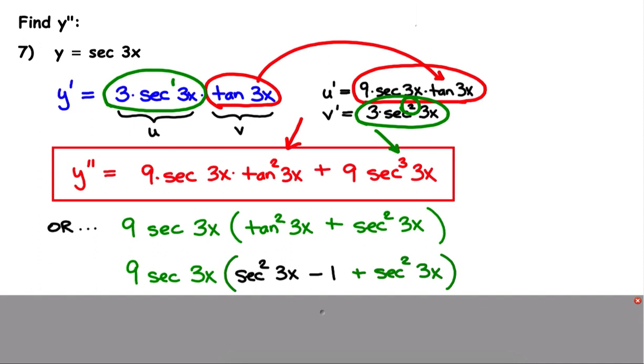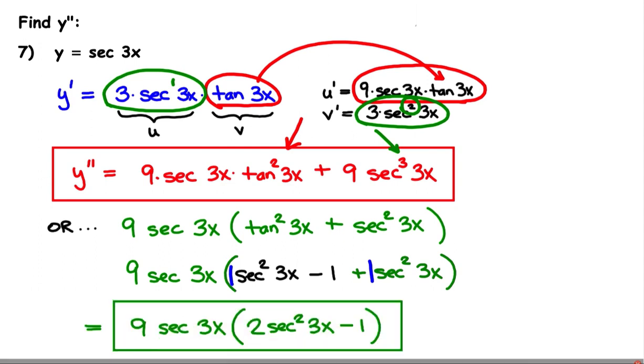Now, you can combine things. Inside the parentheses, you have 2 of those secant squareds. They both have 1s on the front. So that's going to be 2 secant squared of 3x minus 1. And the thing that worries me sick is those are both great answers, the red and the green rectangle, but man, they don't look like they're the same answer.